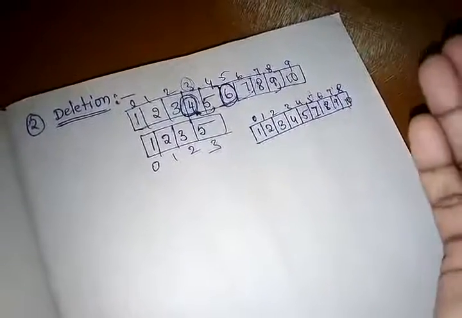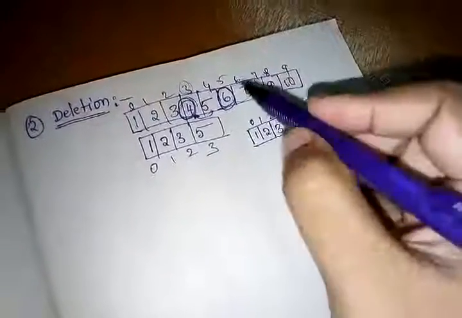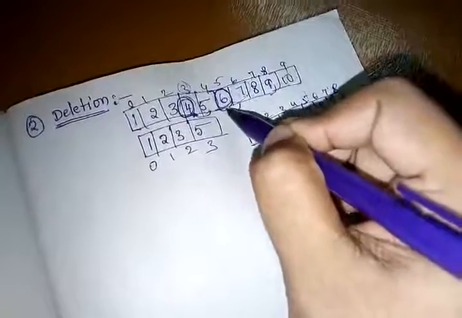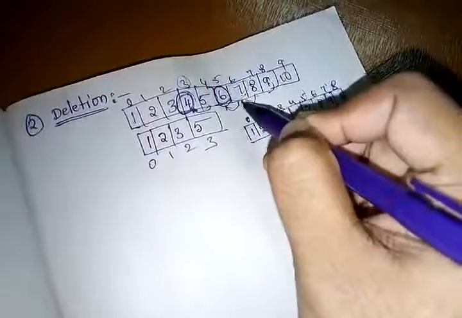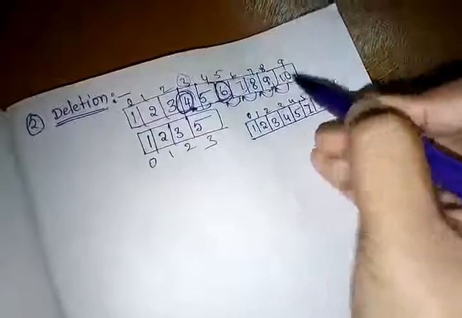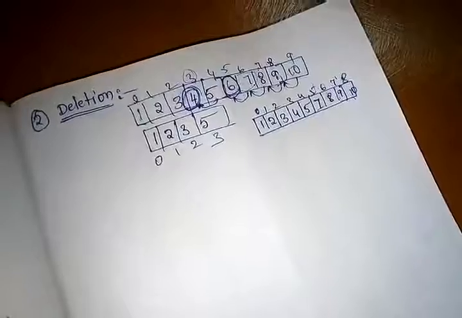That is, when you want to delete an element from an array, you need to move all the elements after the deleted element one position left, or one position front. Then you will get the resultant array.